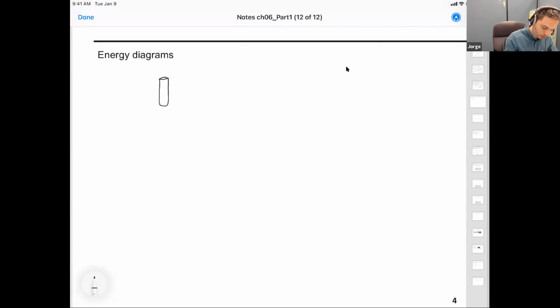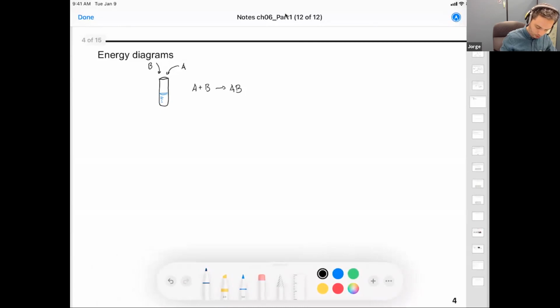And we are going to toss two reagents here in the test tube. I'm going to call reagents A and reagents B. Those reagents will react to form a compound that I'm going to baptize as AB. Okay. So let's toss them inside the test tube, and the reaction will occur.